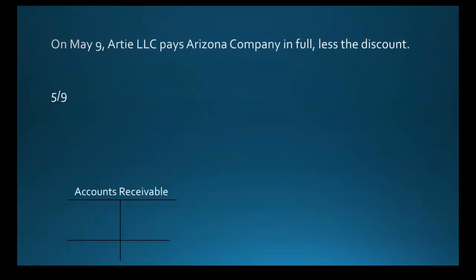Now here on May 9th, Artie LLC pays Arizona Company in full less the discount. So we need to figure out what Artie owes us at this point. So we have this T account down at the bottom for accounts receivable. We initially debited $7,000 for accounts receivable, but then with that return, we credited $400.